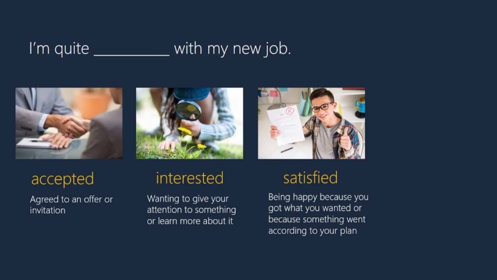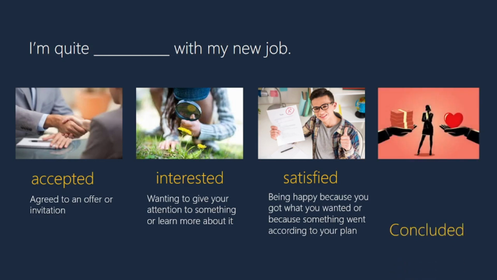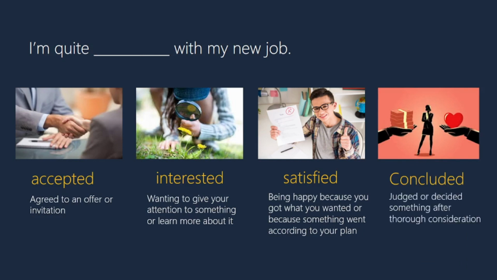You are satisfied when things go your way, something that you hoped for and things turn out to be that way, so you're happy. So being satisfied means being happy. And concluded, it has different meanings, but we're going to take the basic one. Judged or decided something after thorough consideration, which means you have decided something after thinking for a long time about something. All right, so the right option in this is satisfied.